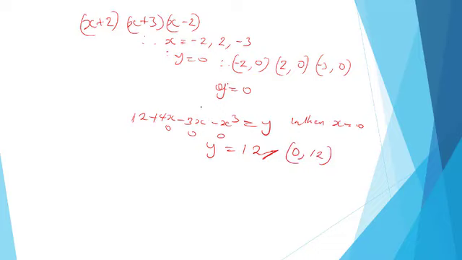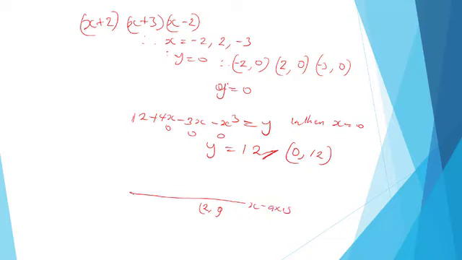Now with this point, we are done with it, because if we want to get the line, our line will be of this form. We have 2, 0 here, because this is the x axis.